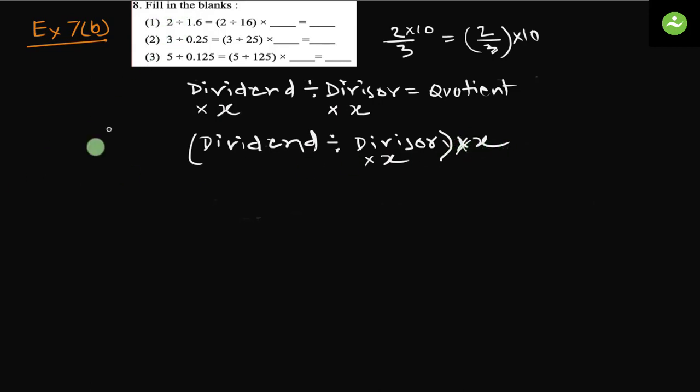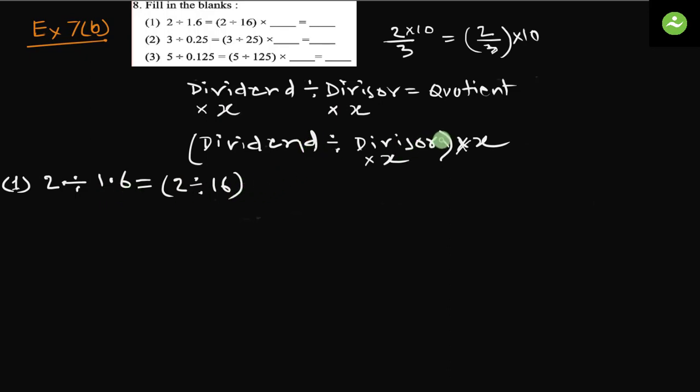So now let us start with number 1, bracket 1. 2 divided by 1.6 equals, if we change it, they have changed it, 2 divided by 16. So they multiplied 1.6 by 10.